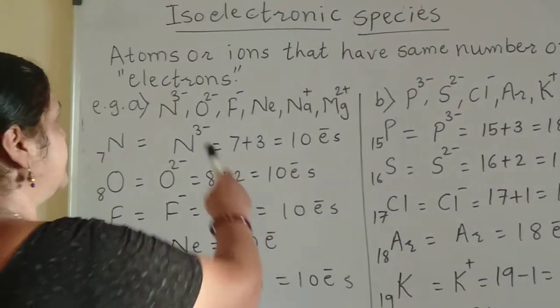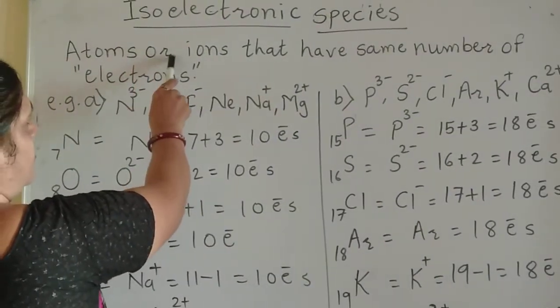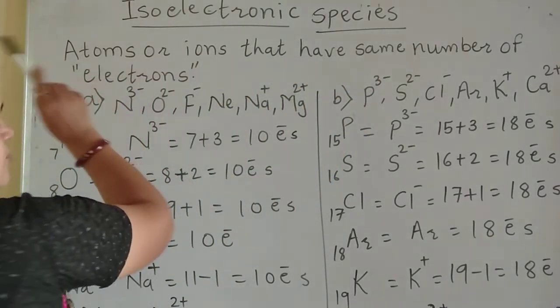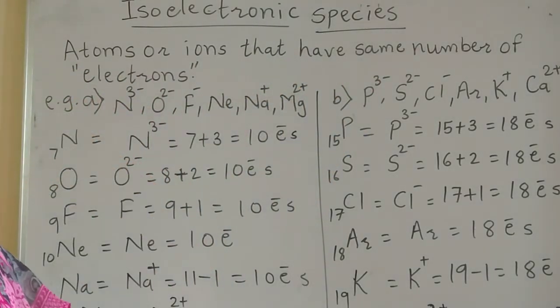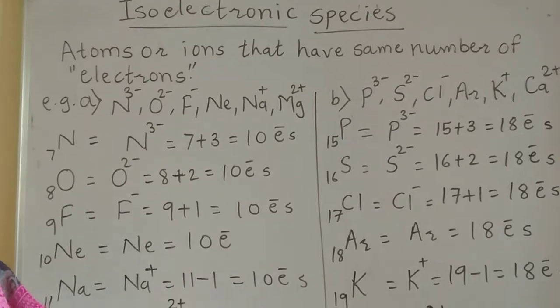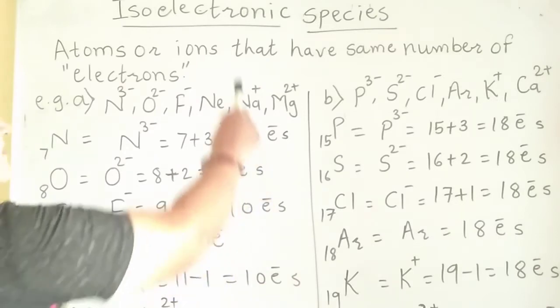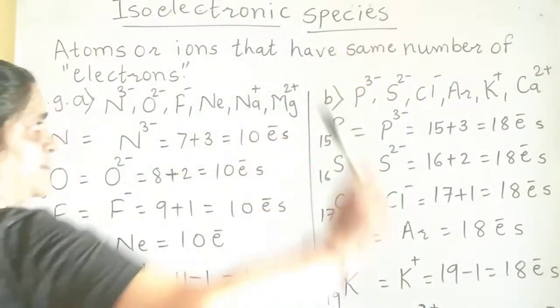That we have to see the definition: atoms or ions that have the same number of electrons are known as isoelectronic species.